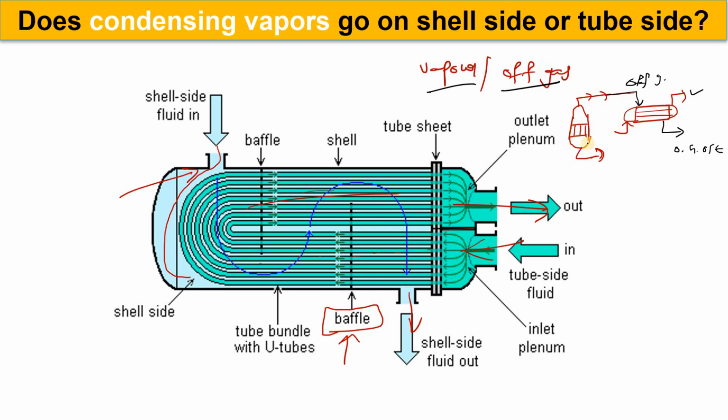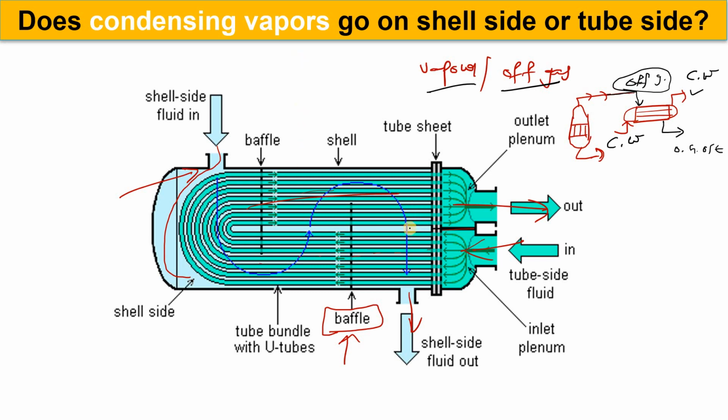And from here you are supplying the cooling water, that is the cooling media. Now why have I passed the off gases through the shell side? Simply to increase the condensation. When the contact time and the space are more, only then will these off gases be condensed.